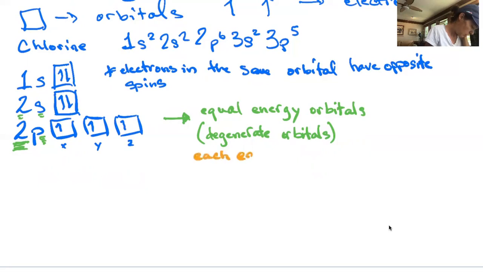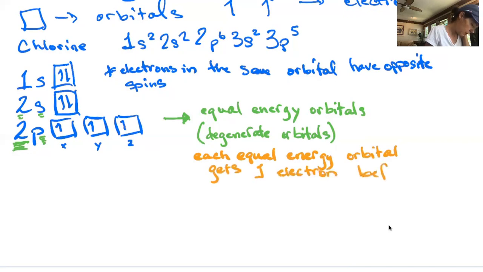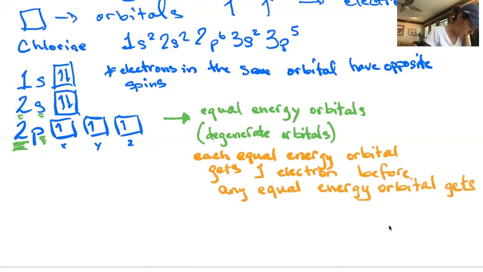Each equal energy orbital, and here we have three, gets one electron before any equal energy orbital gets two. So that's why it's always arrow up, arrow up, arrow up, and then we will go arrow down, arrow down, arrow down. It's got to be done in that order.